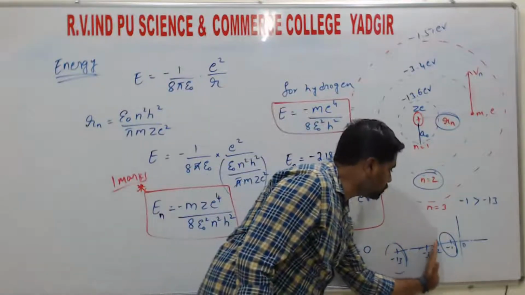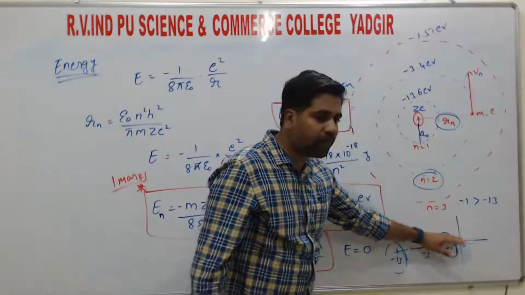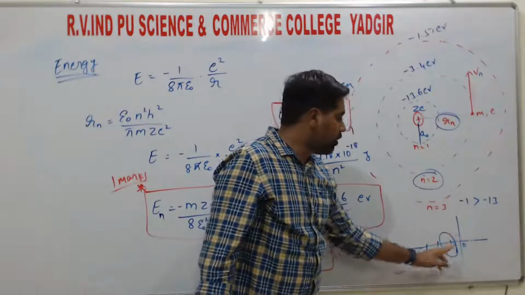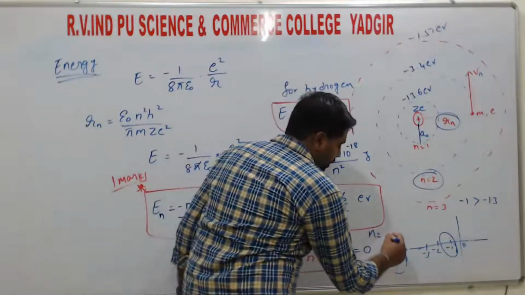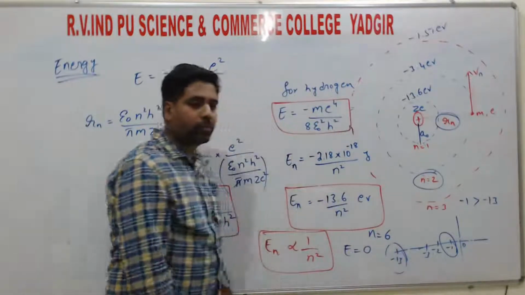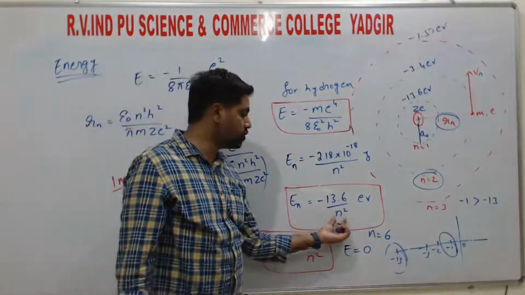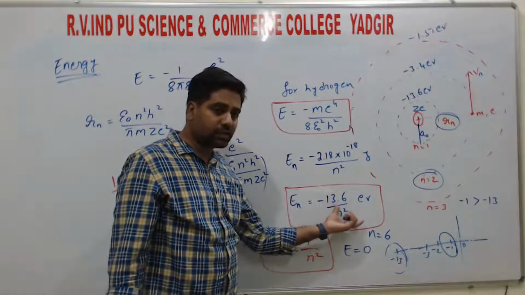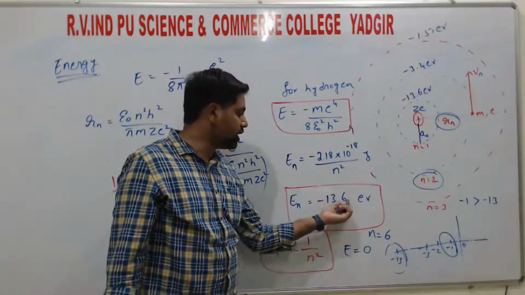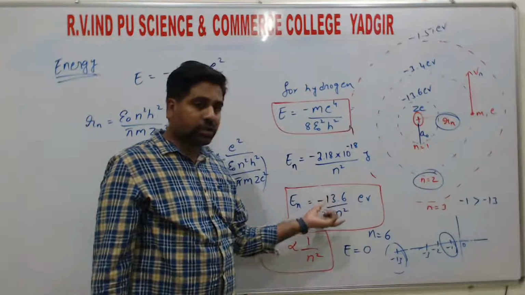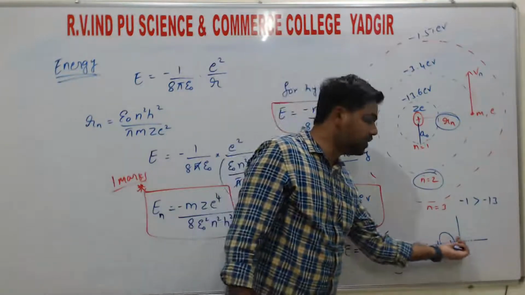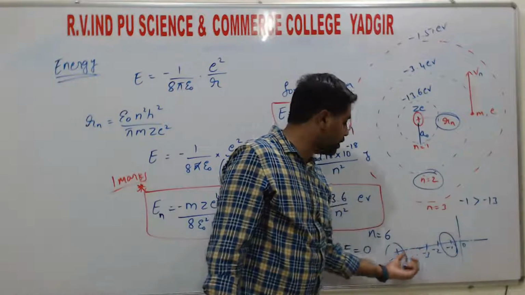This value goes on decreasing in magnitude as the orbit number goes on increasing. For a particular orbit number, for example n equals 6, if you substitute 6 square, 36, then 13.6 divided by 36 gives a value almost nearer to 0.